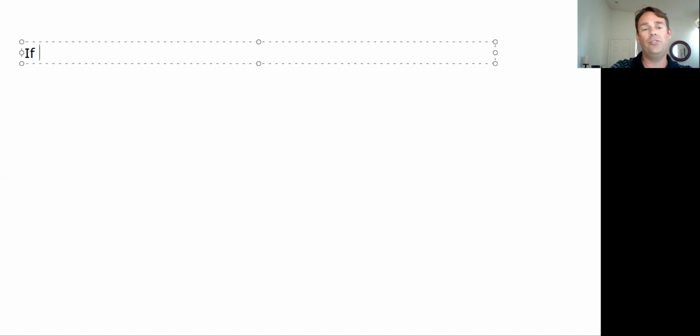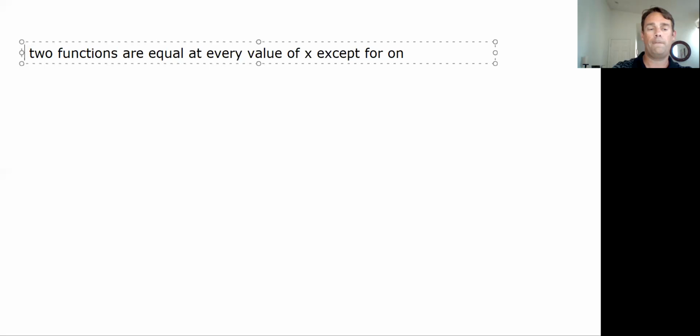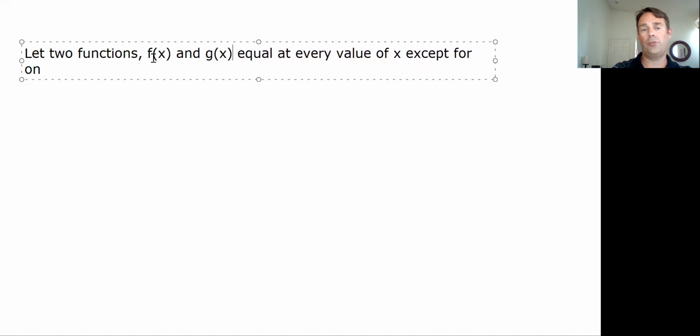It's a good theorem. It says if two functions are equal at every value of x except for 1, or I should say let two functions, that'd be better. Let two functions be equal at every value of x, call that f of x, just for the fun of it, so we know what two functions we're talking about.